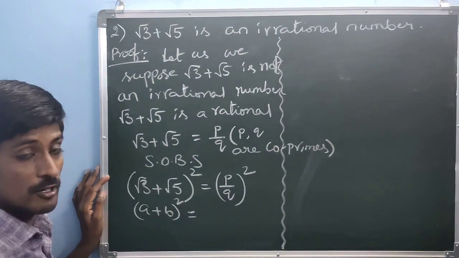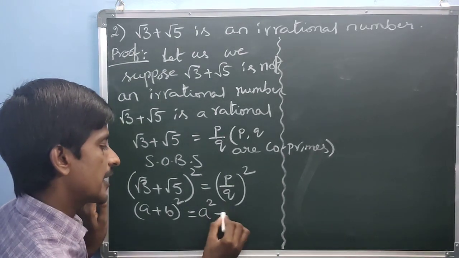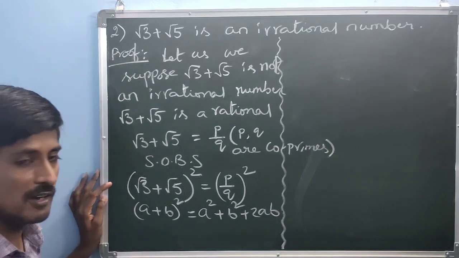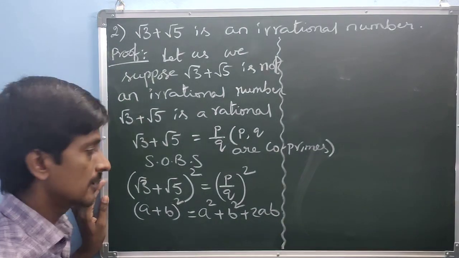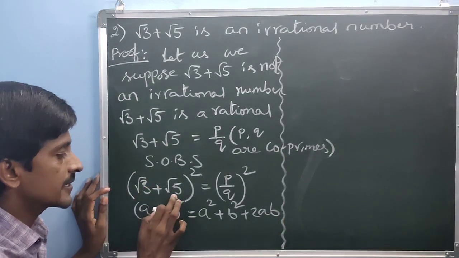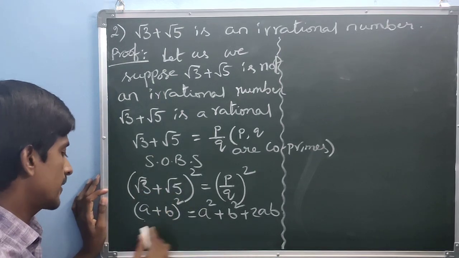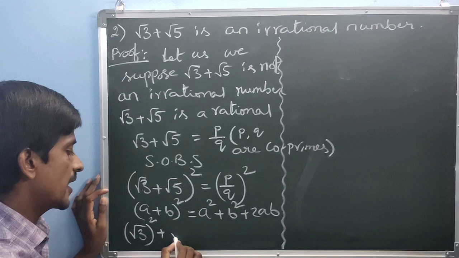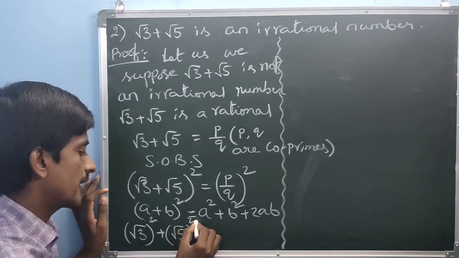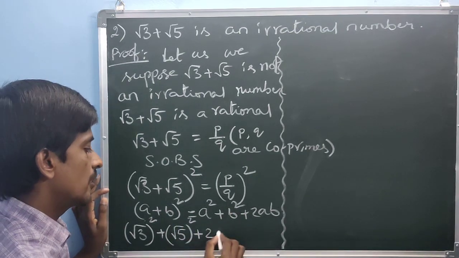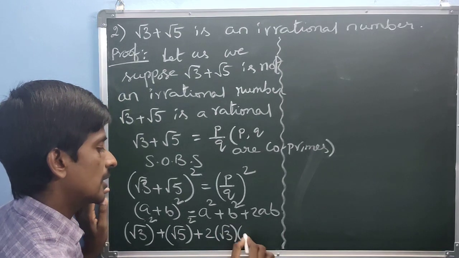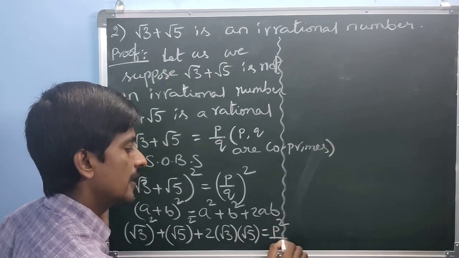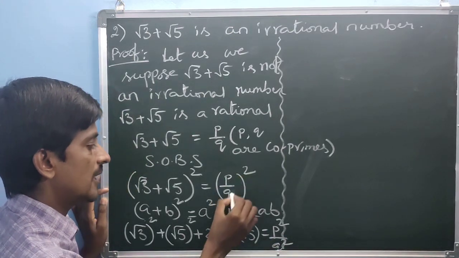The formula for A plus B whole square is A square plus B square plus 2AB. So A is root 3 and B is root 5: root 3 whole square plus root 5 whole square plus 2 into root 3 into root 5 equals P square by Q square.